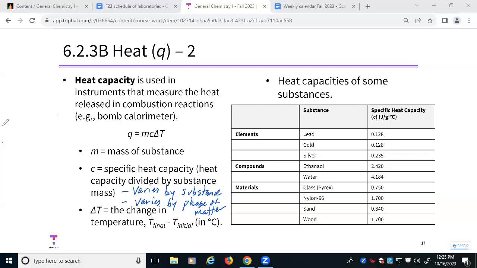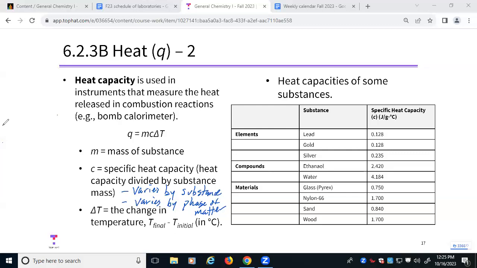Now, because our specific heat is put to the gram, we still do need to know how much of the substance that we have. So that's why this equation does have that mass factor in there. Now, in the lab that you're going to do on Wednesday, Thursday, we're not going to actually deal with masses because we're dealing with solutions. We're going to deal with volumes. And we're going to use a version of specific heat that standardizes to the milliliter instead of to the gram.